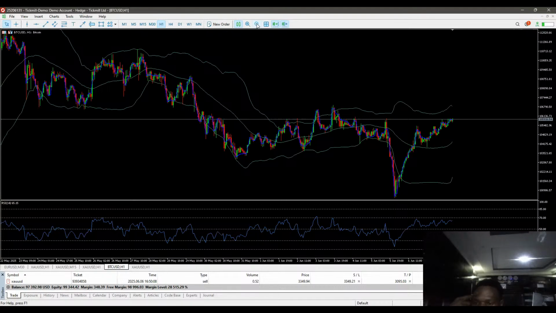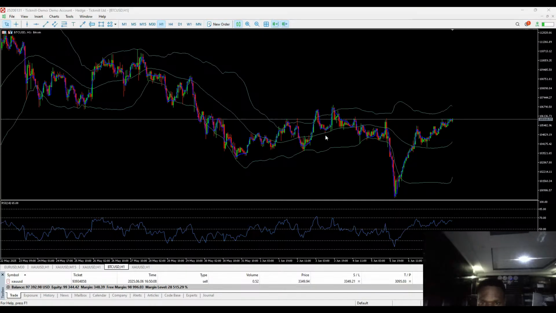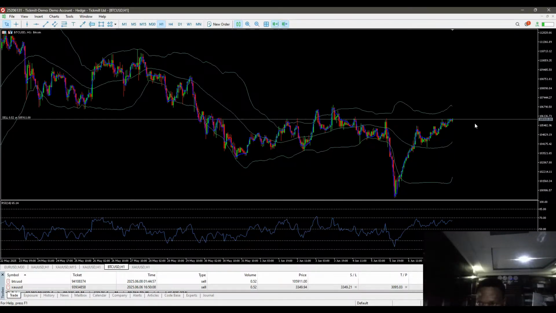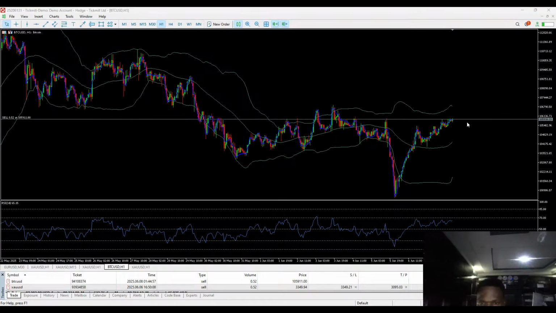So currently using this setup, we are taking a sell, new order. So I want to modify the stop loss.